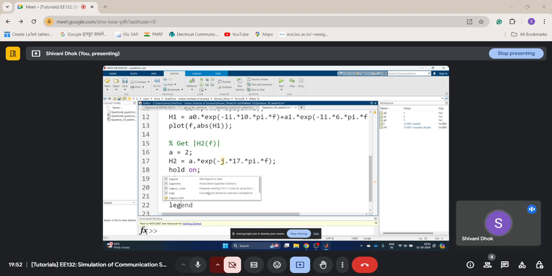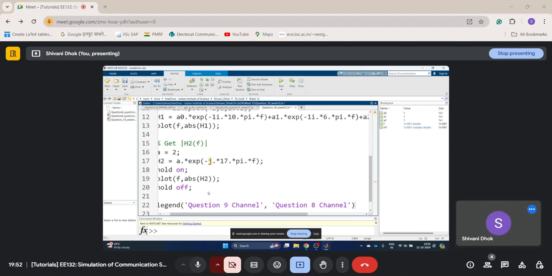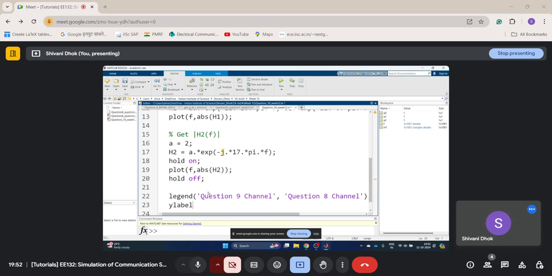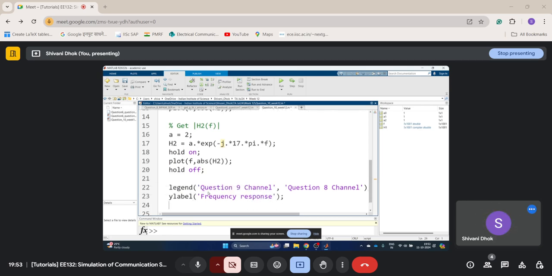and I'll have legend as question 9 channel, then this is question 8 channel, then your y label is frequency response, your x label is frequency.